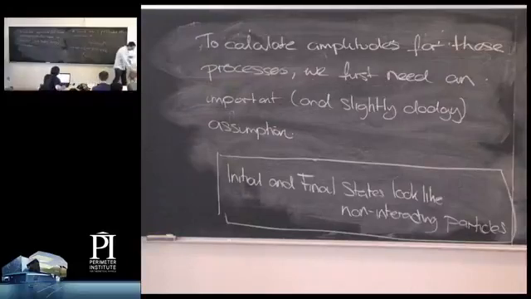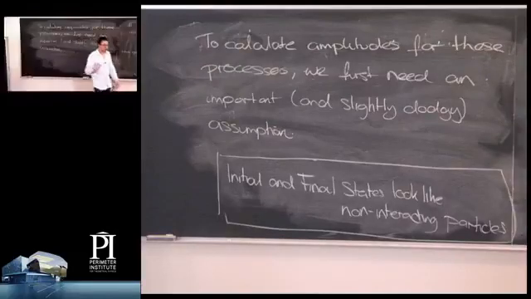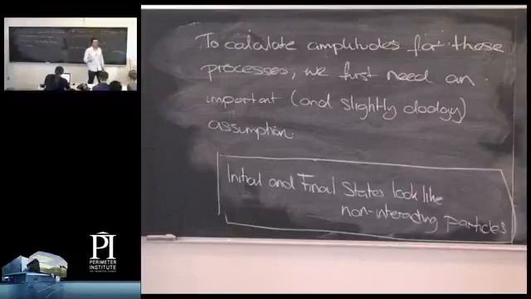so to make progress and actually figure out what the half-life of a meson is before it decays into two nucleons, we're going to have to make an assumption. And this is really a key assumption. It's very important for us to make progress, and it's also a little bit dodgy. Okay? Got problems with it.